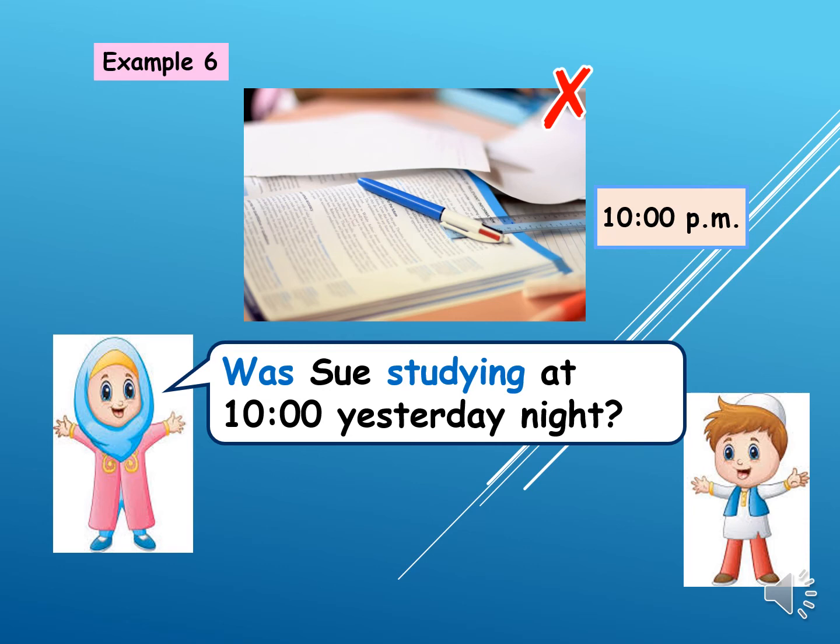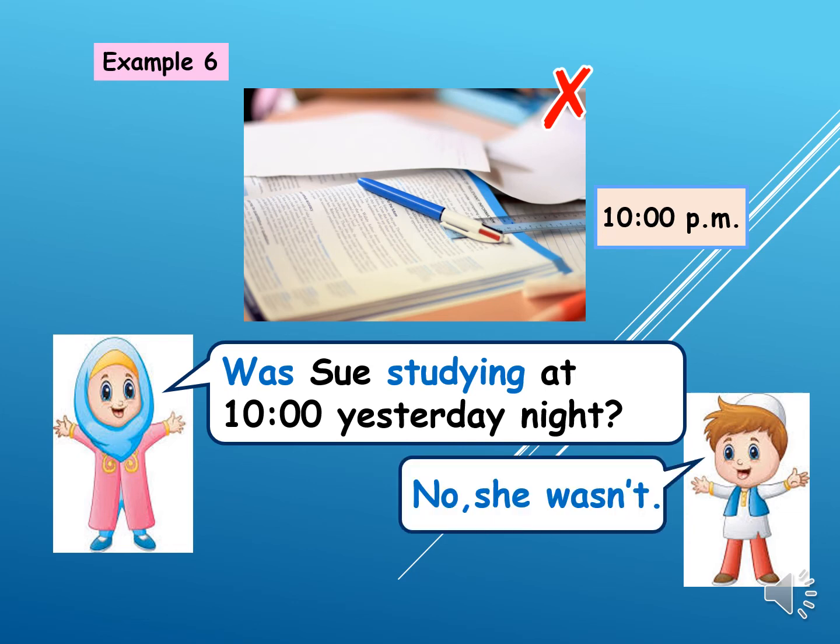"Was Sue studying at 10 yesterday night?" As the answer is no, let's look at how the boy answered the girl. No, she wasn't. Remember, wasn't is the short form of was not.